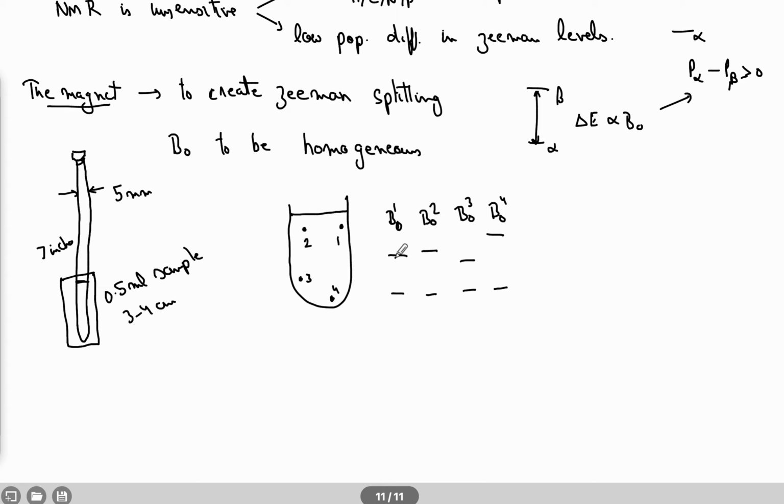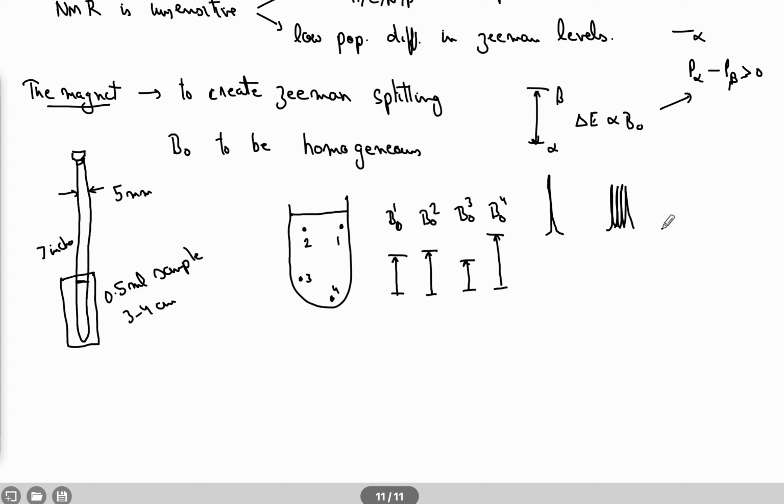So you see that the transition frequencies will also be different. If the magnetic field is not homogeneous, even though the spin is the same, the molecule is the same, or the atom is the same, their resonance frequencies will be different, and instead of getting a single sharp line for all four, you might end up getting 4 separate lines, and of course the intensities will be proportional to the relative population of these kinds of spins.